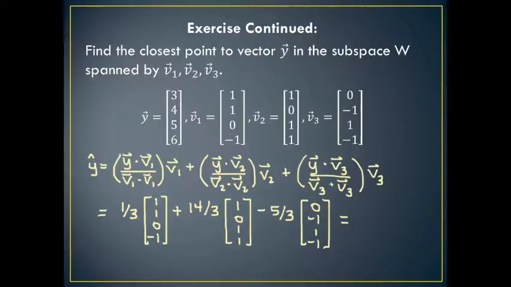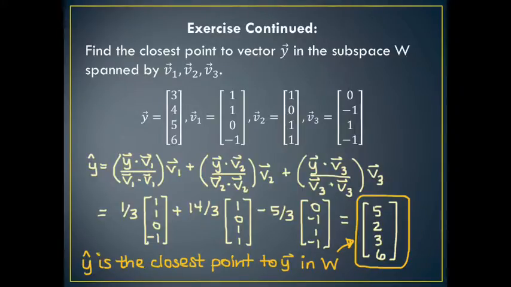You should go through and verify this to make sure that these are the same dot products as what you get. And this equals 5, 2, 3, 6. So there's our y hat, and that is the closest point to vector y in the subspace W. And that will always be the case. Y hat will always be the closest point to y in W.